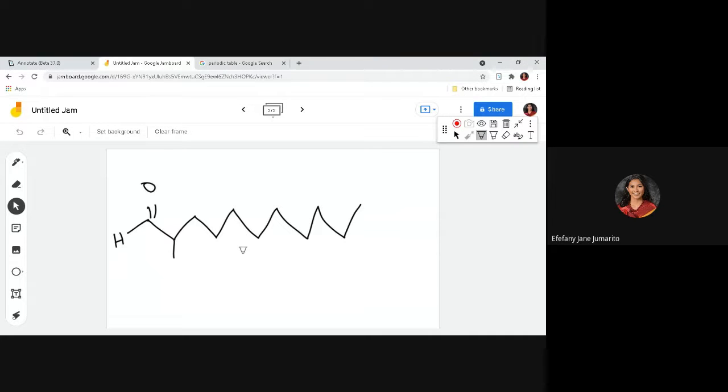Parent chain. What's the parent chain? So let's count again from here. 1, 2, 3, 4, 5, 6, 7, 8, 9, 10, 11.